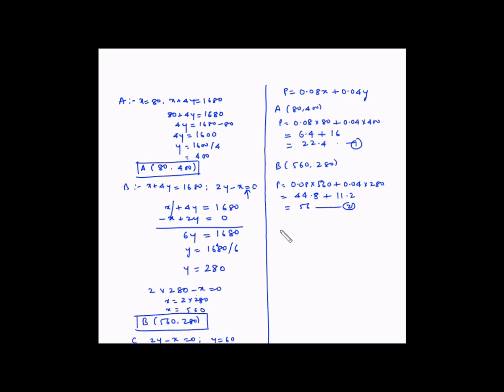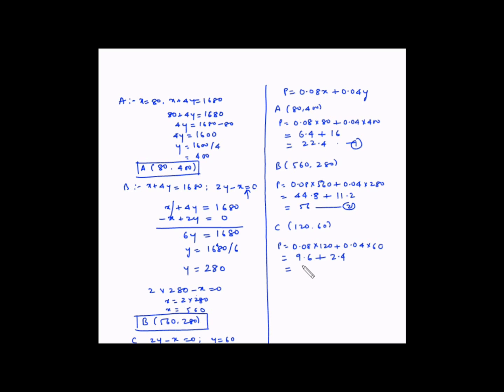Now next let's solve the objective function equation for coordinates of point C, which is x is equal to 120 and y is equal to 60. So P is equal to 0.08 multiplied by 120 plus 0.04 multiplied by 60. So this is equal to 9.6 plus 2.4.